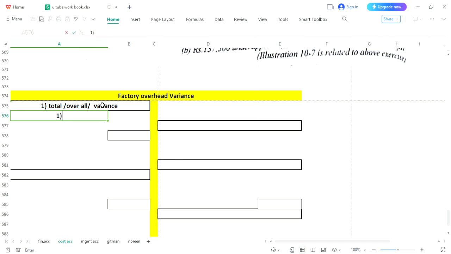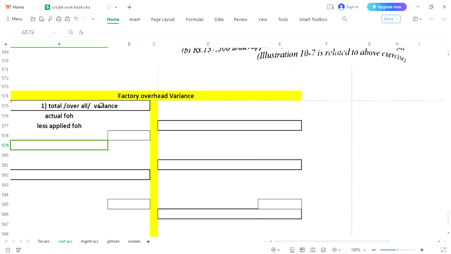First we will be having actual FOH and then there would be applied FOH beside it. At this stage, we will be calculating variance.